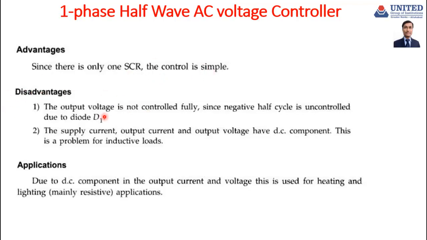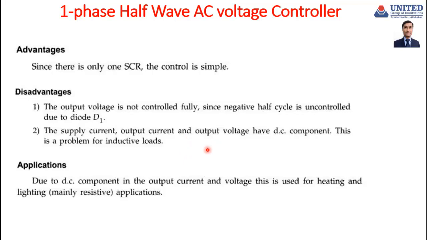The first disadvantage is that the output voltage is not fully controlled because the negative half cycle is uncontrolled due to the presence of diode D1. The second disadvantage is that the supply current, output current and output voltage have a DC component. This is a problem for inductive loads which may get saturated.